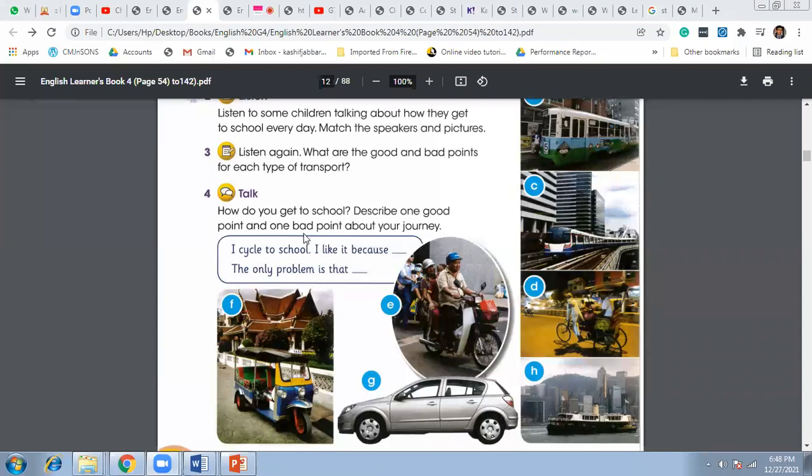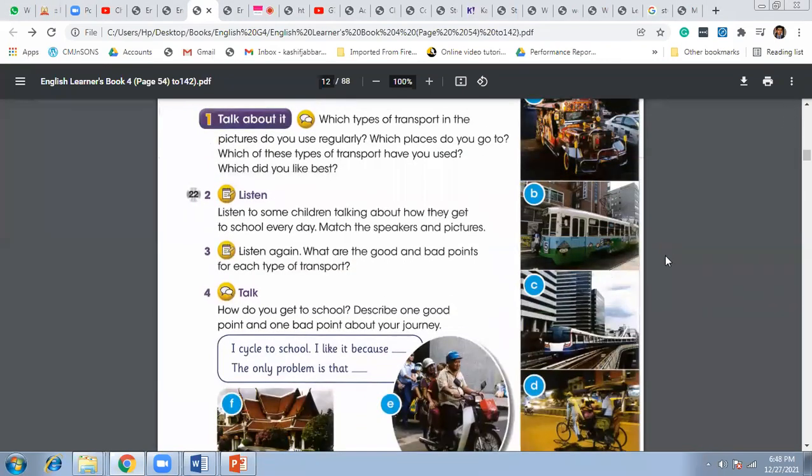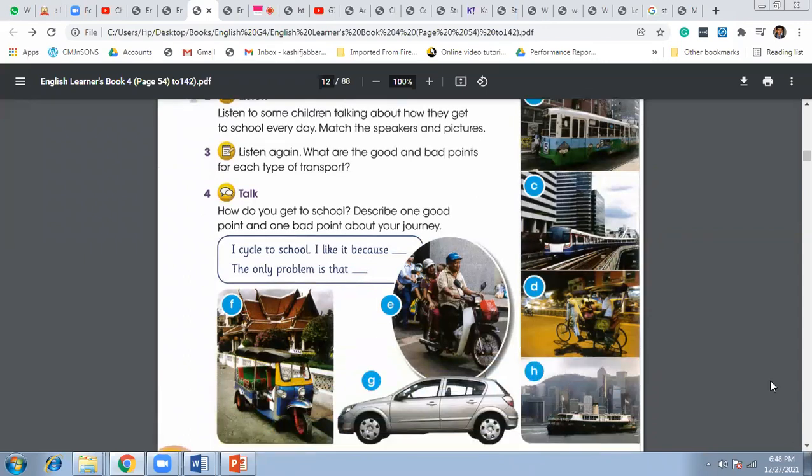Naif Shawan, yes, unmute yourself. Yes, teacher. Naif, tell me which method of transport have you used in your life within these pictures you see? GH, teacher. G and H. Okay, that's great.